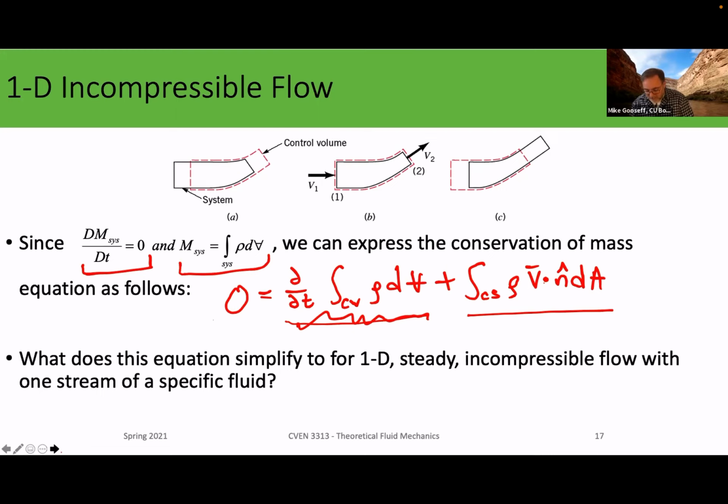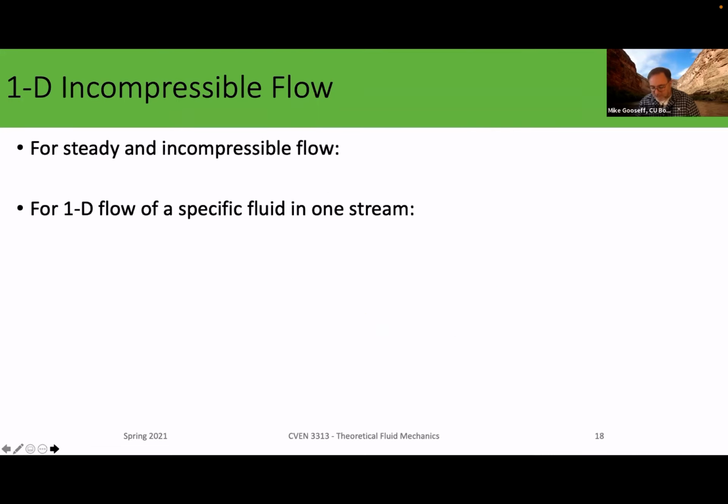The next slide, what this means is for steady and incompressible flow, we say that del t, that first term on the right-hand side, the integral over the control volume of rho dV, is equal to 0.